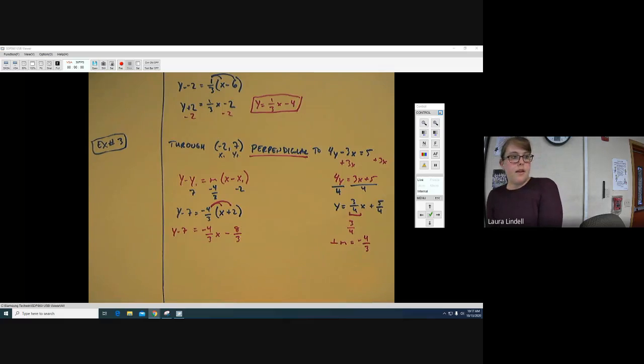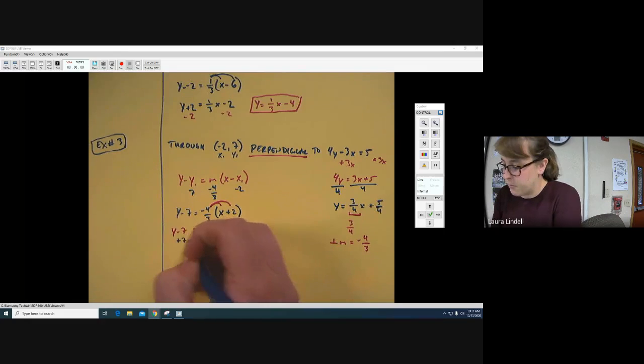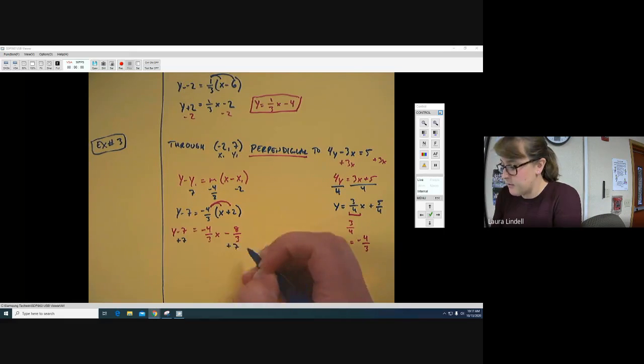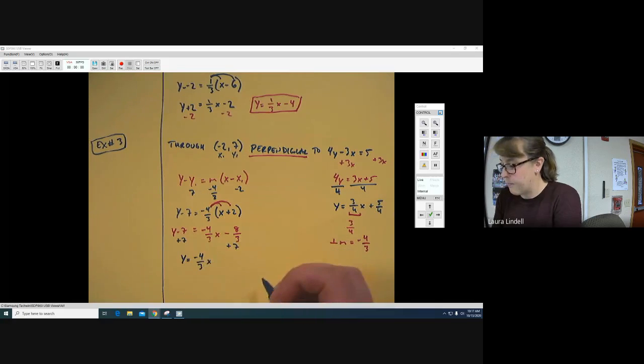Okay. Now here's the fun part, because I get to add some fractions. So we go +7 on both sides. We get y equals -4/3 x. That stays the same. But we have to do -8/3 plus 7.